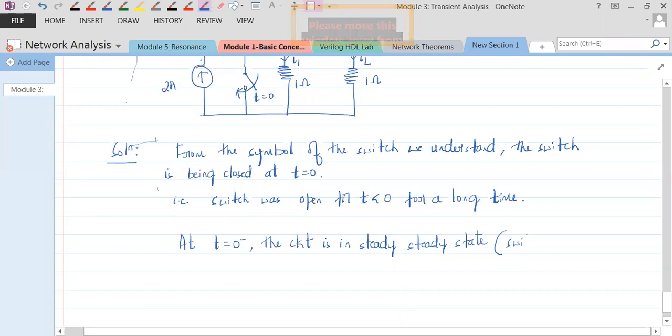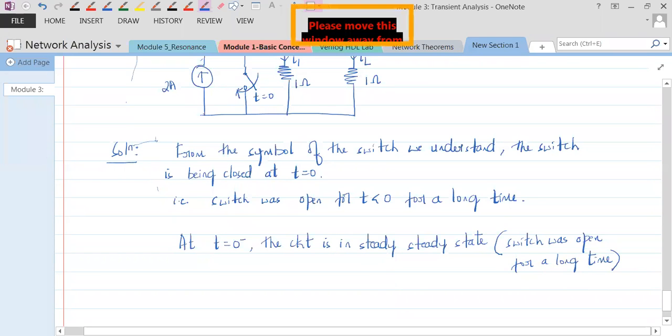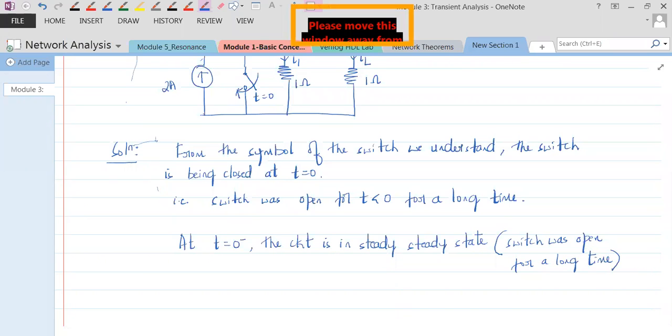The switch was open for a long time. The circuit is in steady state means the switch was open for a long time. That is why the circuit is in steady state.